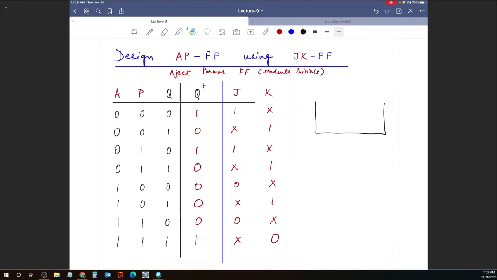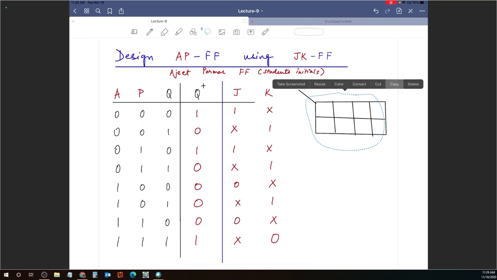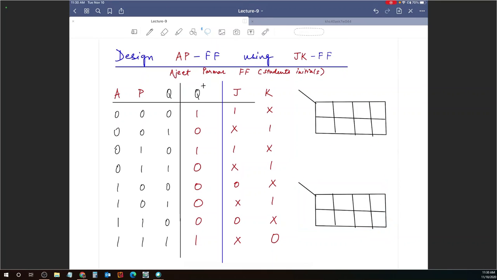I will do the first K-map for J, and the next one will be for K. So the inputs are going to be A, P, Q, A, P, Q. The first one is for J, second one is for K. Let us build up the skeleton: 0 0, 0 1, 1 1, 1 0, and Q 0, 1.